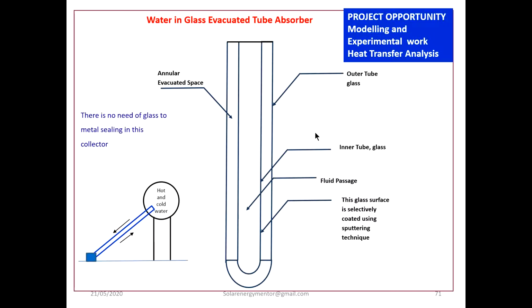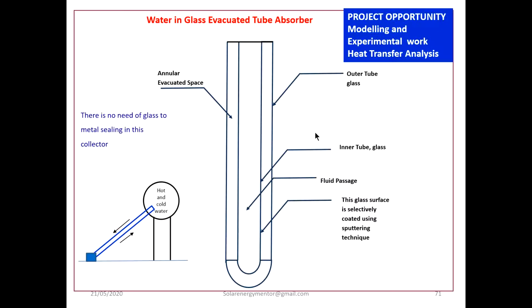So as compared to flat plate collector, the efficiency of evacuated tube collector is less. However, the loss coefficient of evacuated tube collector as compared to FPC is less. So then this trade-off comes into the picture.